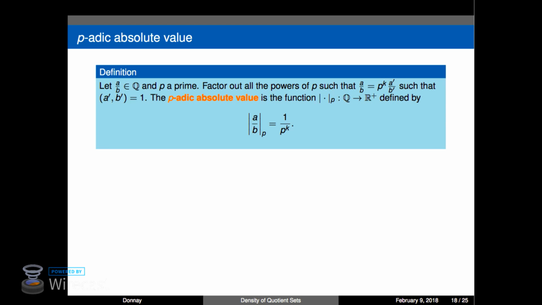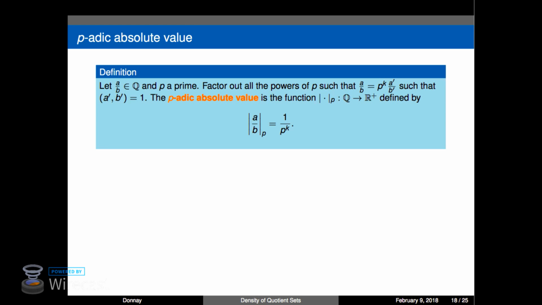So there are some things I want you to notice about this function right off the bat. The first thing is that it's discrete, right? In our usual sense of the absolute value, we can stick in a real number and get out a real number. But here, no matter what we stick in, the only thing we're going to get out is powers of p. And the fact that the absolute value is discrete makes for some really weird and interesting properties in the p-adics. The other thing I want you to notice is that we have 1 over p to the k.